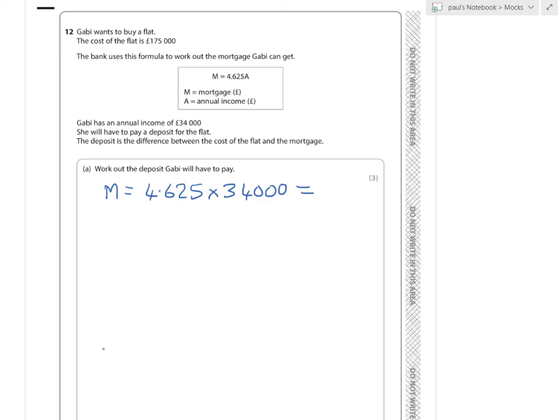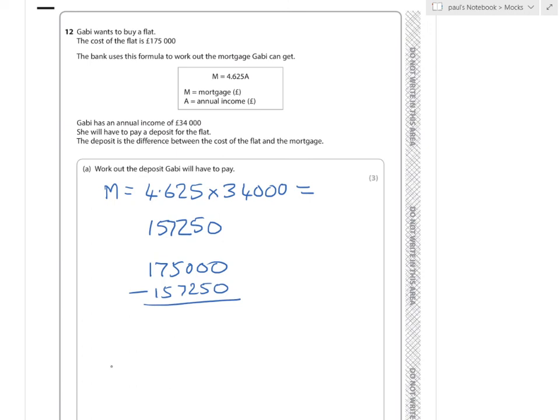So 4.625 times 34,000 is 157,250. Right, that's the mortgage. Now the cost of the flat is 175,000. Take away the mortgage, 157,250, and that will be the deposit.